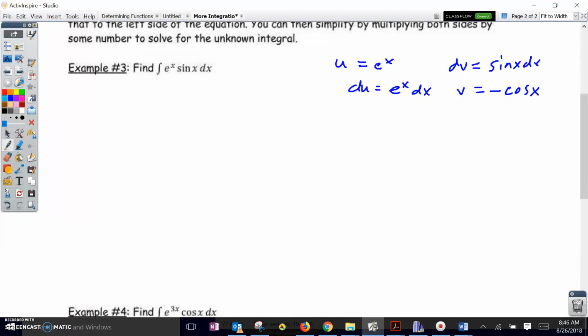And so when I set this up, I'm going to leave the original integral on the left-hand side of an equation. And that's equal to u times v minus the integral of v du, minus negative cosine, so that's going to turn into a plus sign.